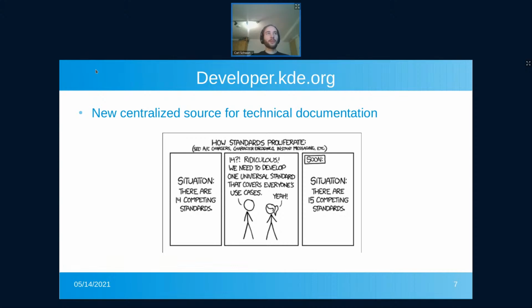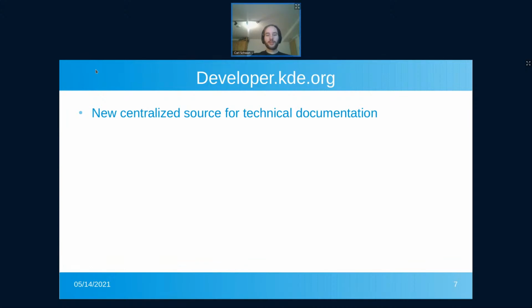For the moment, I already moved 2 of the old places, and I'm working on moving all the remaining stuff to the developer.kde.org website. It's based on Hugo-based themes for the documentation. I'm a huge fan of Hugo, but there was a lot of customization compared to the upstream project.